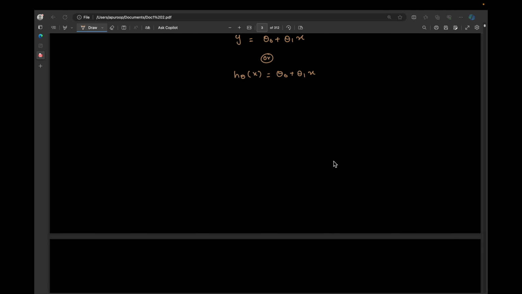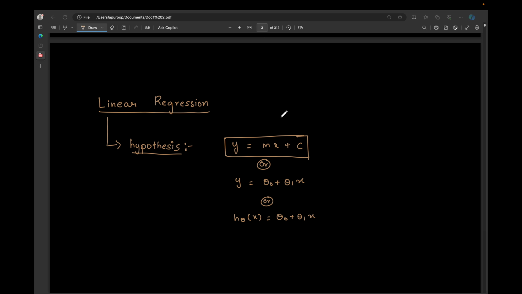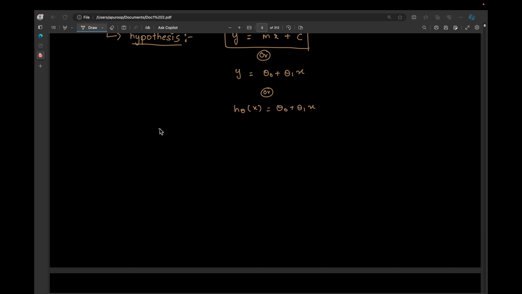So this is our hypothesis equation, and let's see how this line will change according to the changes in m and c. Let's say this is our y and this is our x.